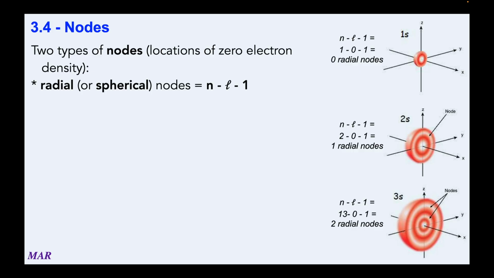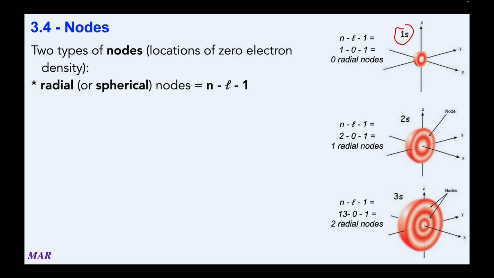So let's look in the upper right hand corner. That is a 1s orbital. So n equals 1, and s means L equals 0. In this case, n minus L minus 1 is 1 minus 0 minus 1, so 0 radial nodes.